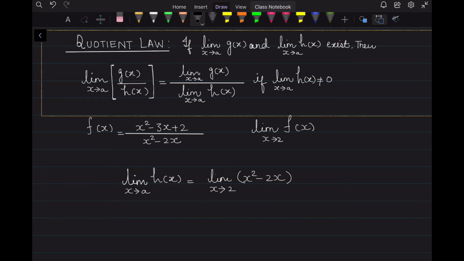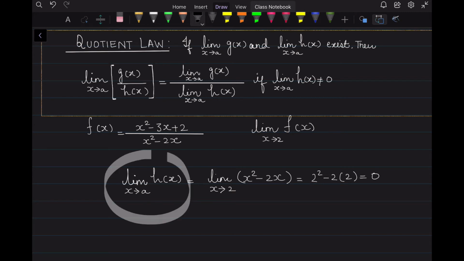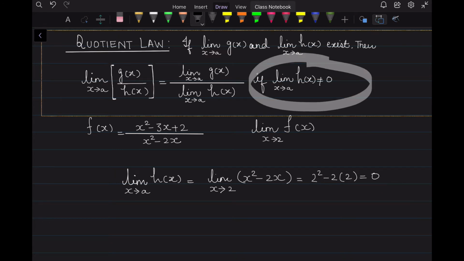Again, determining this limit is not a problem because this is a polynomial function, so we can determine it by applying the direct substitution property as we learnt in the previous lesson. Directly substituting x is equal to 2 in this expression gives 2 squared minus 2 times 2, which you can see is 0. So the limit of h(x) as x approaches a comes out to be 0. That means this condition has not been satisfied.